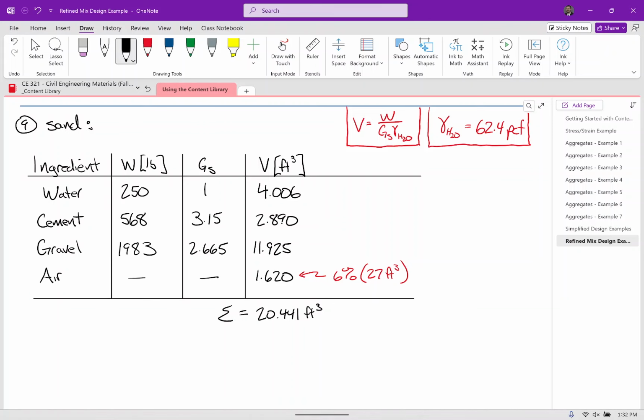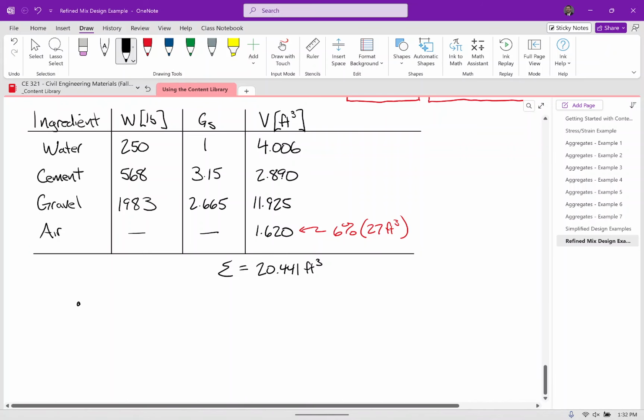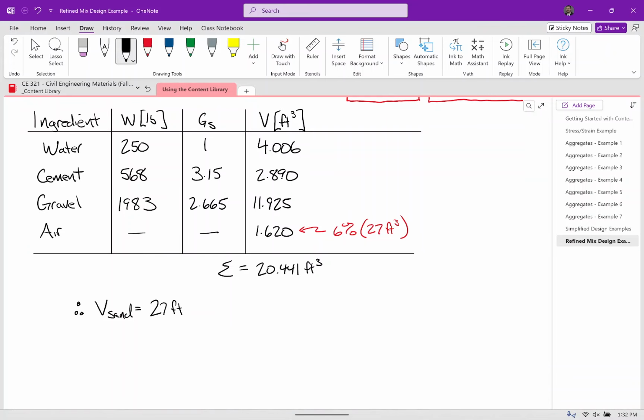If that is the case, then the volume of the sand is just 27 minus this. This is why it's a volumetric approach, because at the end, we're determining the amount of our final ingredient based on this. Okay? So what do we get for that?